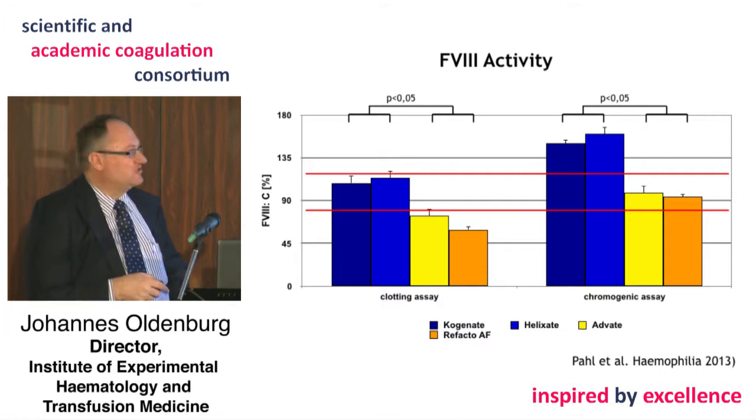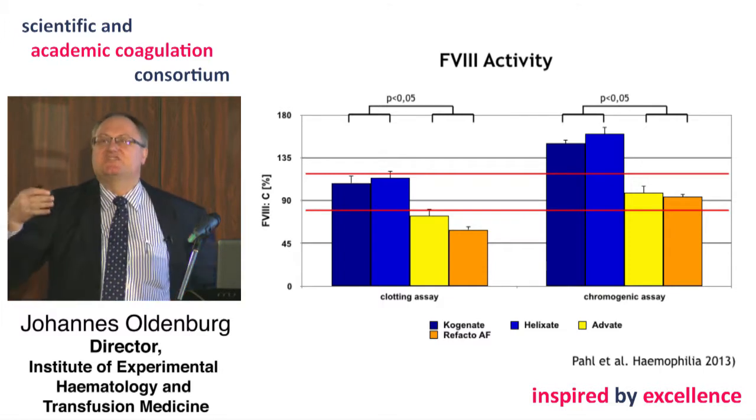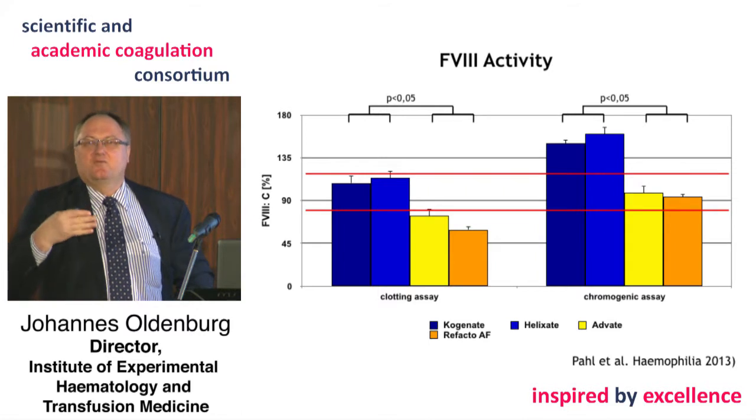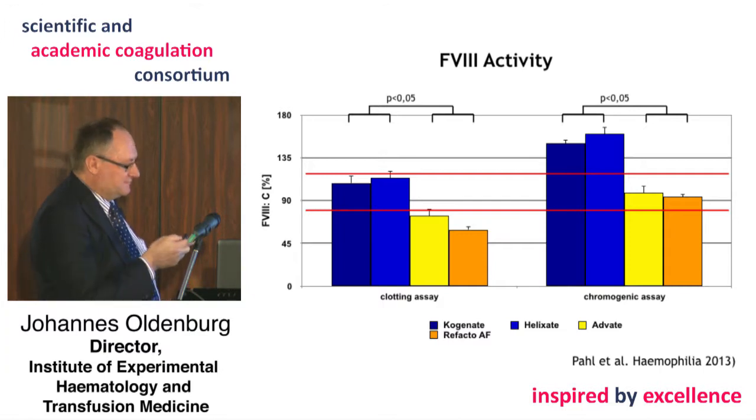If you compare the blue and the yellow concentrates, the blue contain much more factor VIII inside, although they were labeled with the same potency. And this is quite a significant difference.